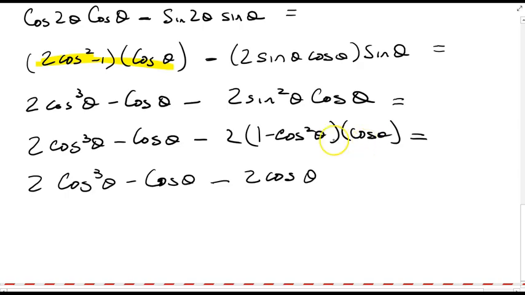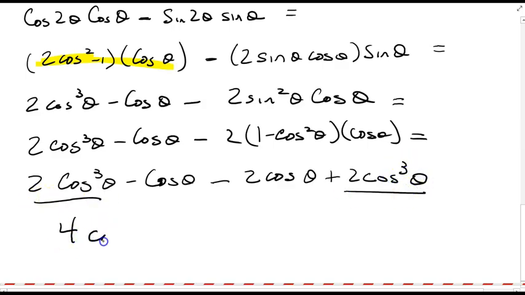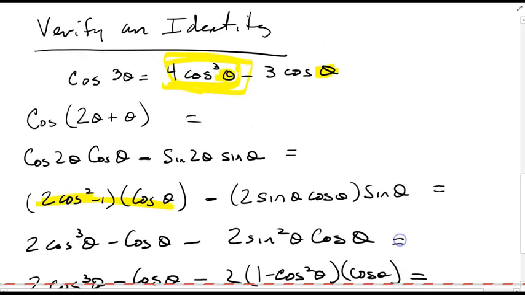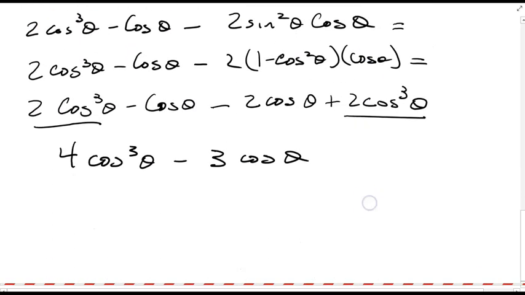And then I have cosine times minus 2 times minus, that's plus 2 cosine cubed theta. That goes with that to give me 4 cosine cubed theta minus 3 cosine theta. There it is. Which equals my 4 cosine cubed theta minus 3 cosine theta.